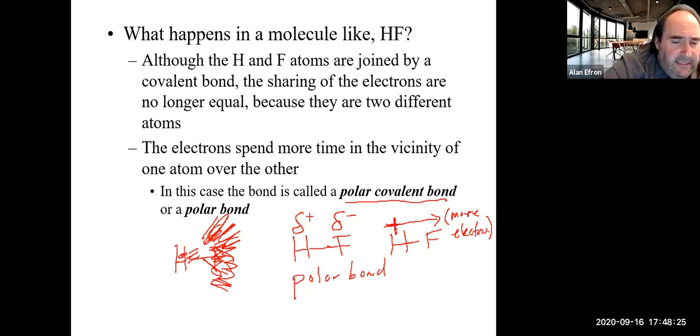Why do we say that this is only partially positive and partially negative? We say that because they are still sharing electrons. Even though they're not equally sharing electrons, there's still some aspect of electrons being shared between the hydrogen and the fluorine. And that is different when we talk about a sodium ion and a chloride ion coming together. Here, there is no sharing of electrons.